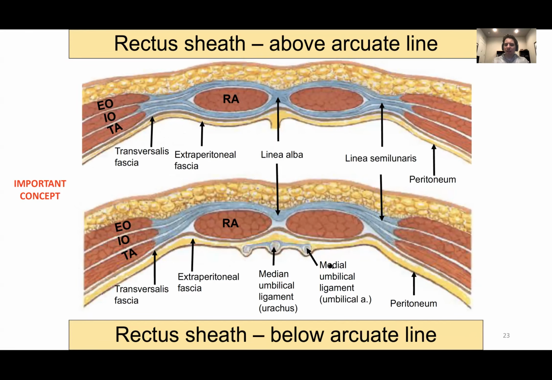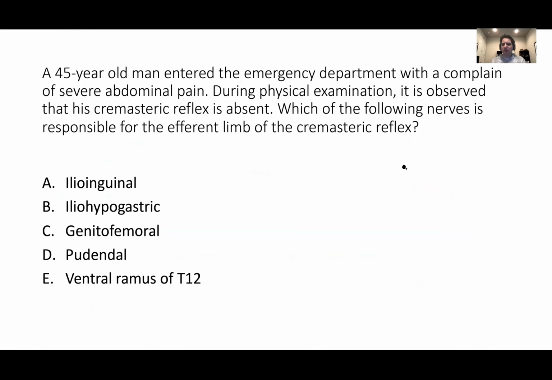Once you go below the arcuate line, like a point by the medial umbilical ligament, all the muscles and the aponeurosis that connects them goes in front of the rectus abdominis muscles, okay? Just a point in case y'all come across it on a Gray's question, this is one of the important points of this arcuate line. So above it, half go behind and half go in front, and below it, everything goes out in front. Okay, try this one.